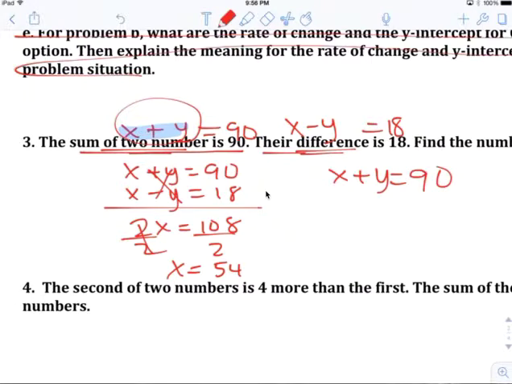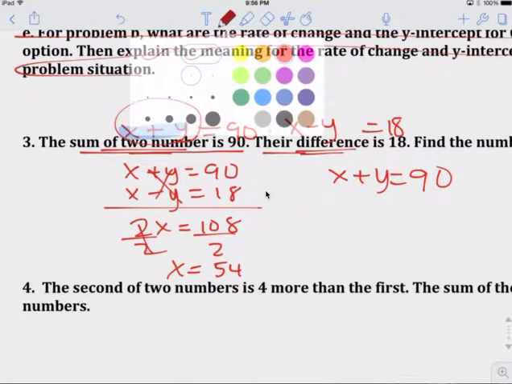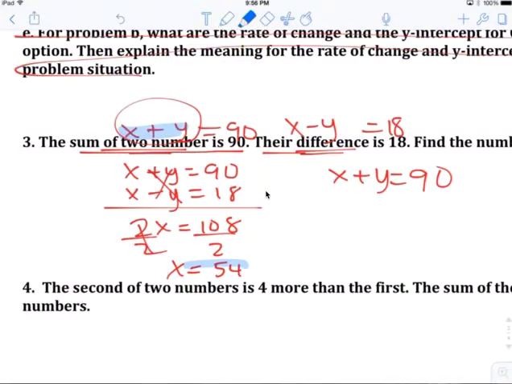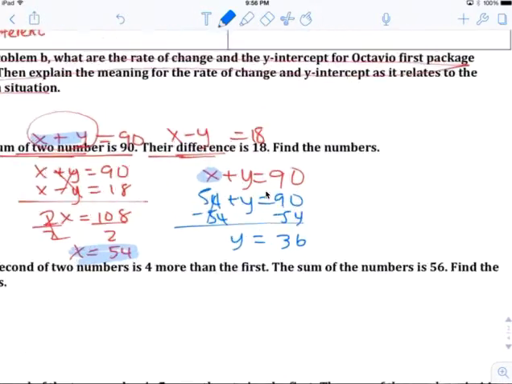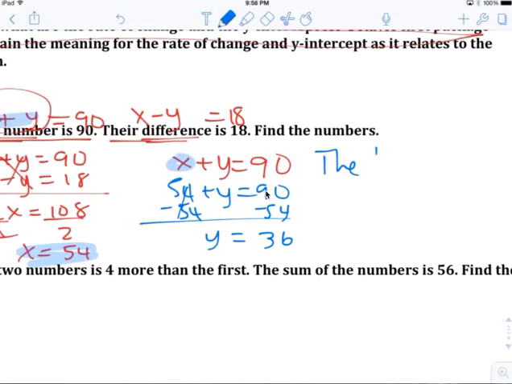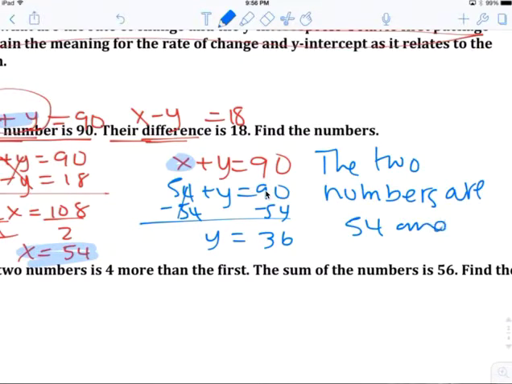If x is 54, we substitute 54 here into here: 54 plus y equals 90, minus 54 to both sides. y equals 36, positive. So the two numbers are 54 and 36.